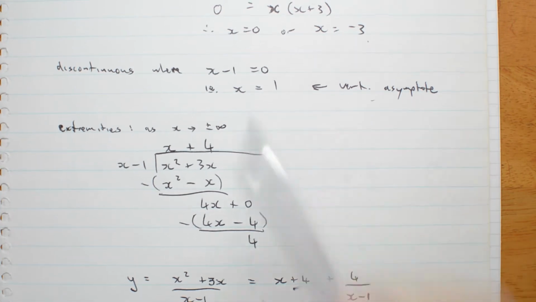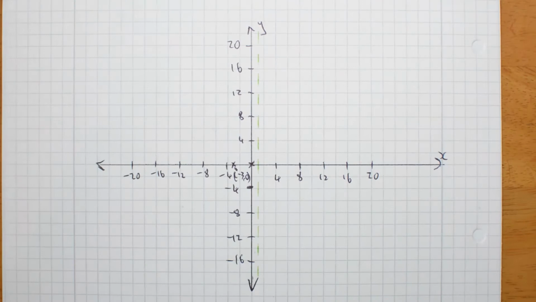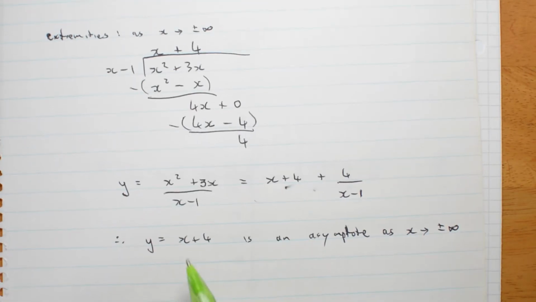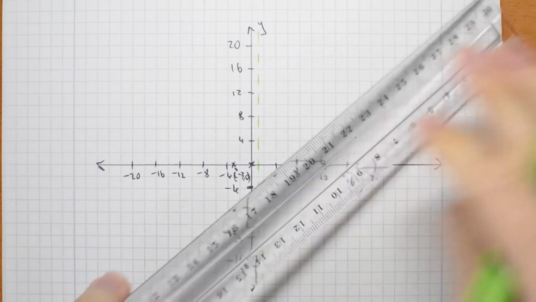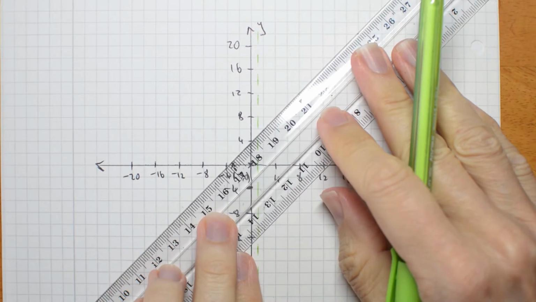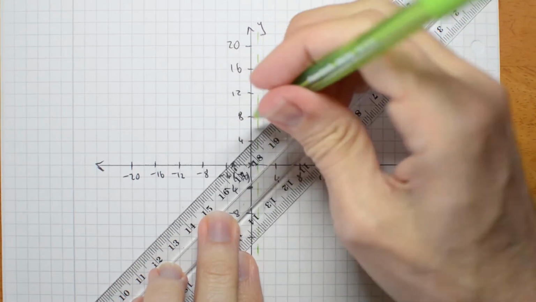I have a vertical asymptote at x equals 1. I have a slanted asymptote at y equals x plus 4. That's a diagonal line like this, try and get it close to gradient 1 and going through 4.